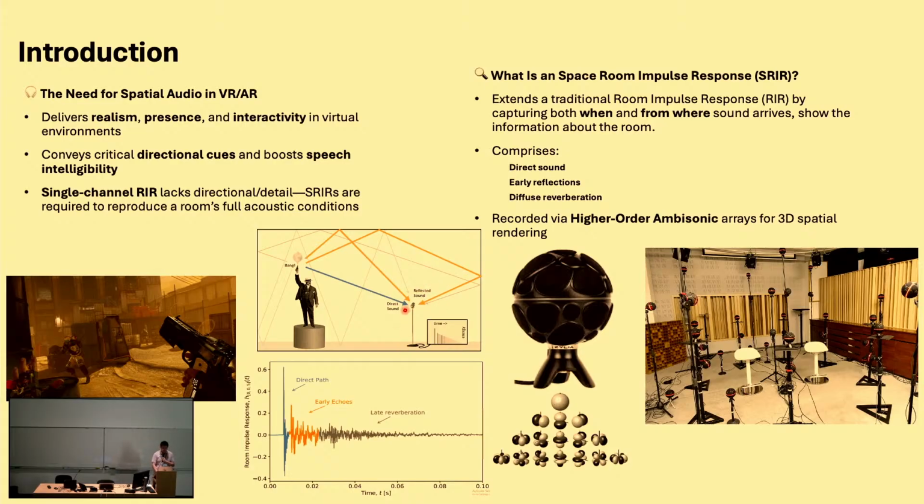If we replace this mono microphone with a spatial microphone, we will get the spatial room impulse response. Besides the arrival time of the reflections, it also brings information about the direction.